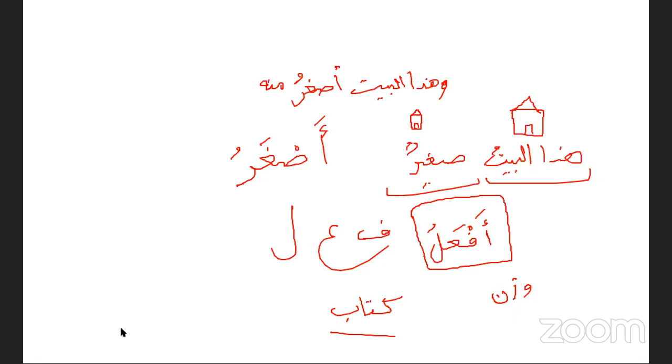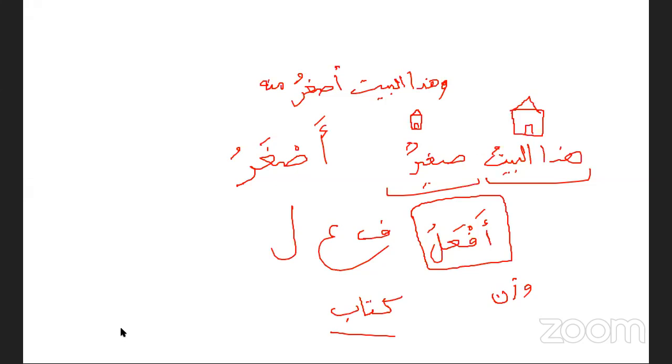So أفعل is ممنوع من الصرف, and أفعل is اسم, and it is allowed to appear in singular form, and it can also be مذكر, it can be مؤنث, and it can be جمع.